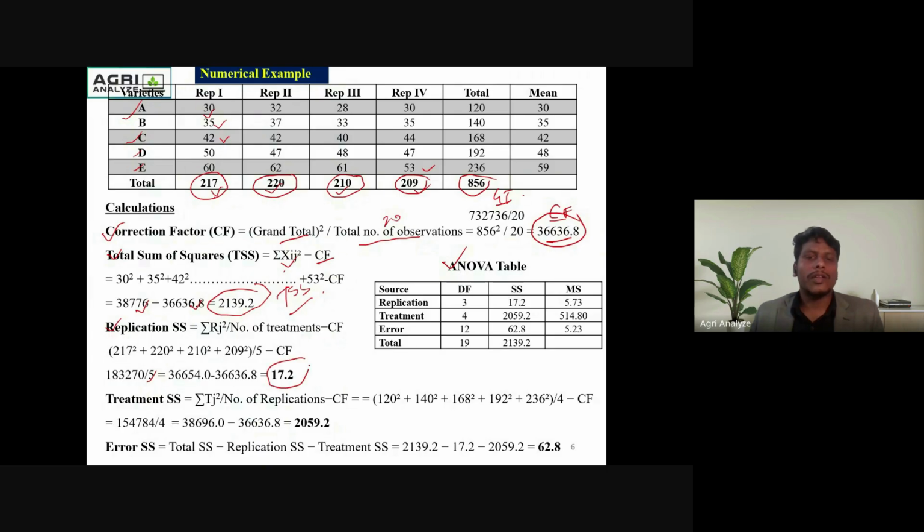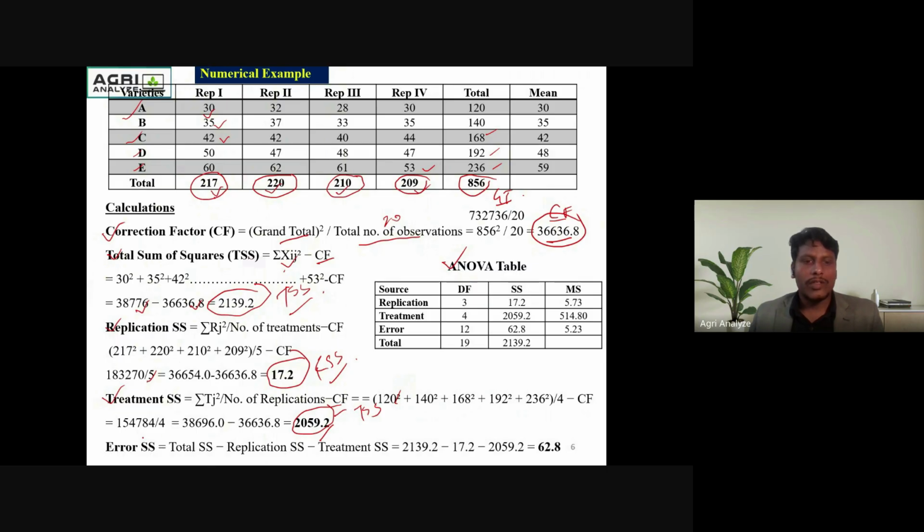The value 183,270 is divided by the number of treatments, 5, and this gives the replication sum of squares. Again, for the treatment sum of squares, we take the squares of the treatment totals, 120 squared, 140 squared, 160, 192, and 236, divide by the number of replications, and get the value 2059.2.